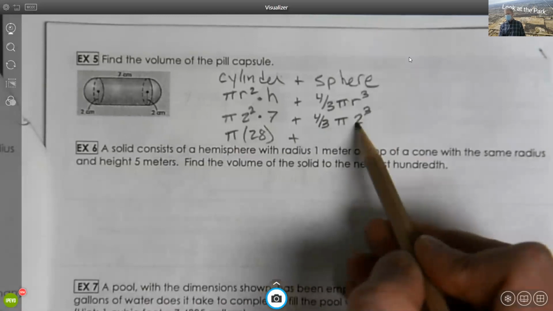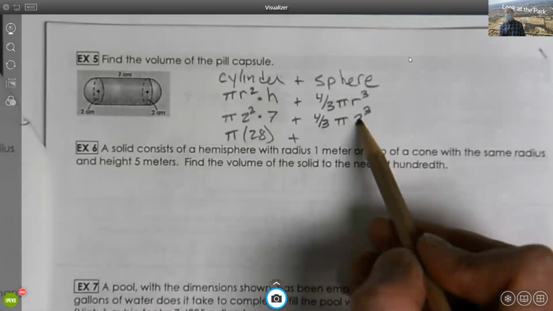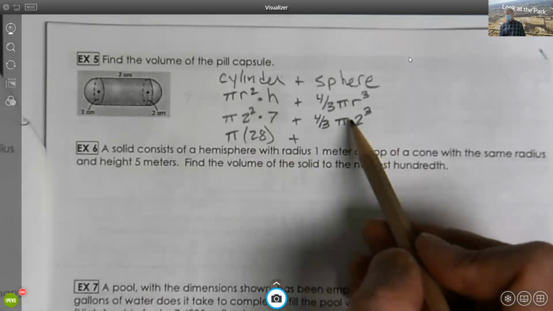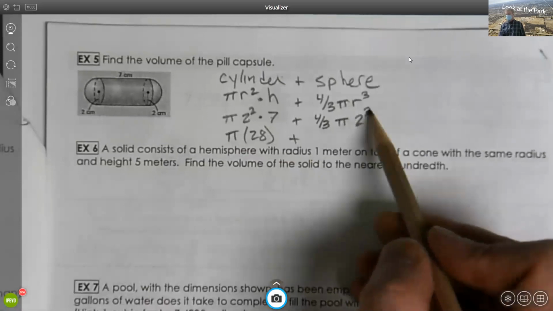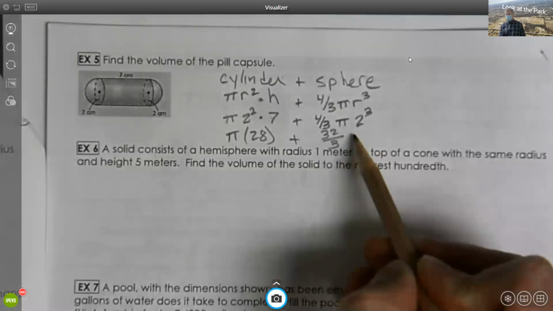So 8 times 4, if you want to do that all together. 2 times 2 times 2. It's not 6. A lot of people make a mistake and call that 6. That is 2 plus 2 plus 2. This is 2 times 2 times 2. That's 8 times 4 is 32 divided by 3 pi.